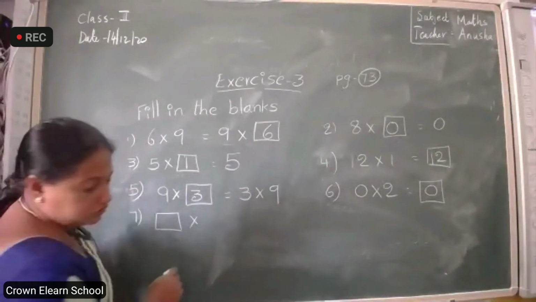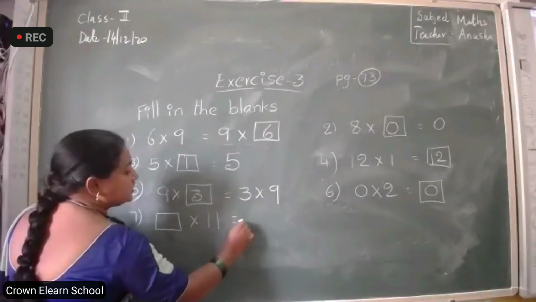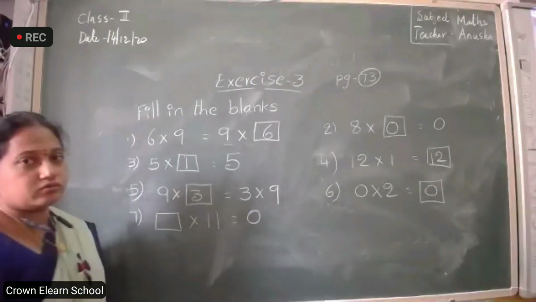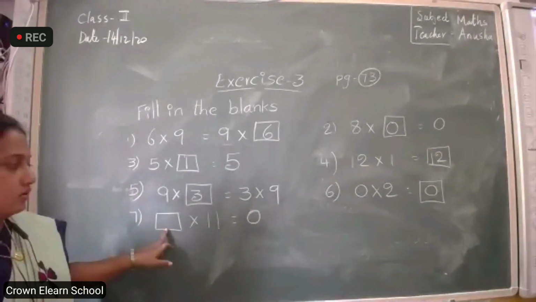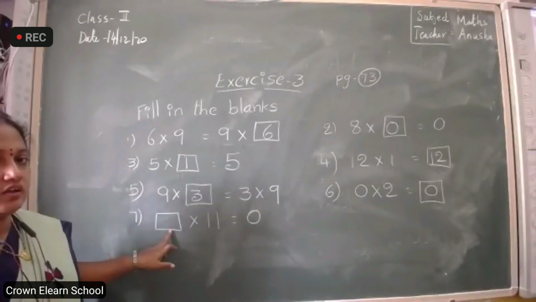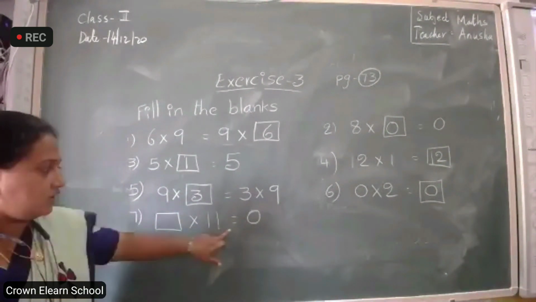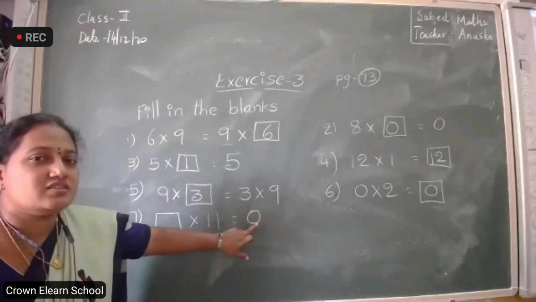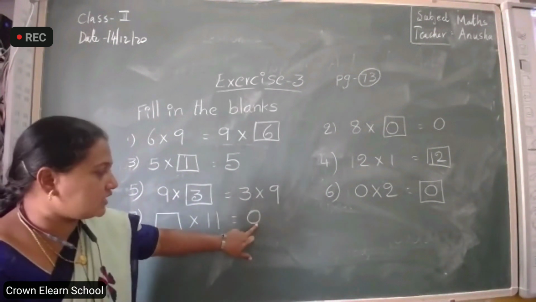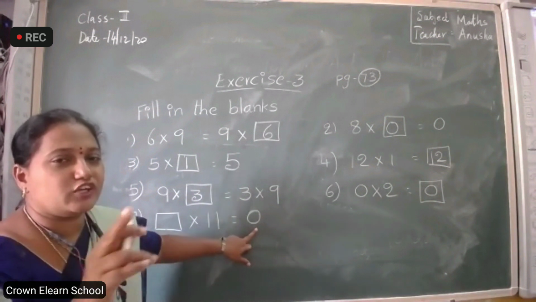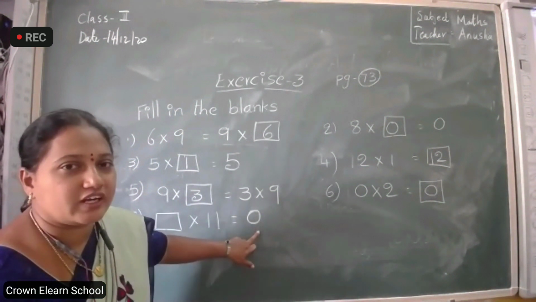Next, seventh one. Dash into 11 is equal to 0. Here a number is missed. The second number is 11. What is the answer? 0. When will you get 0?